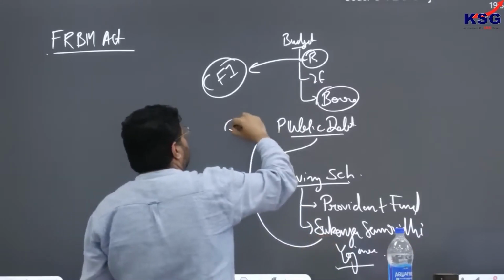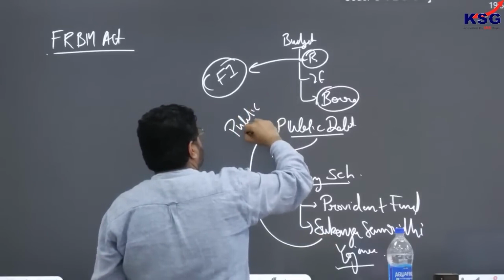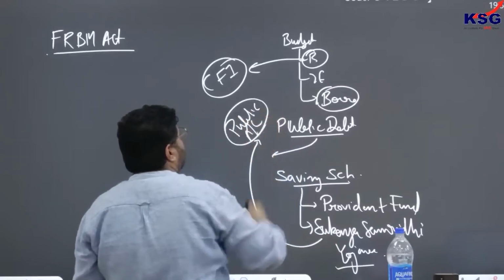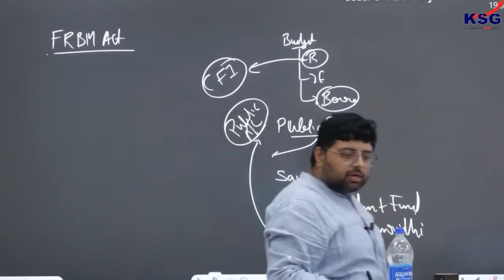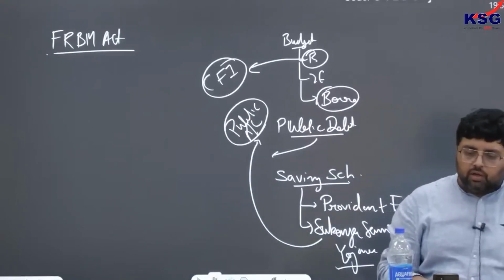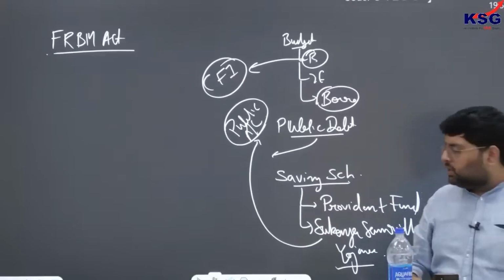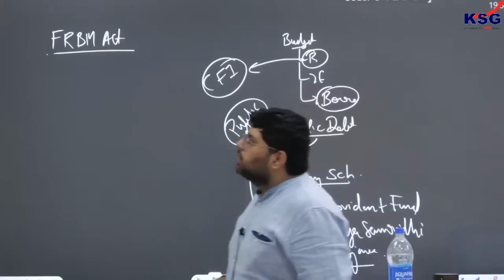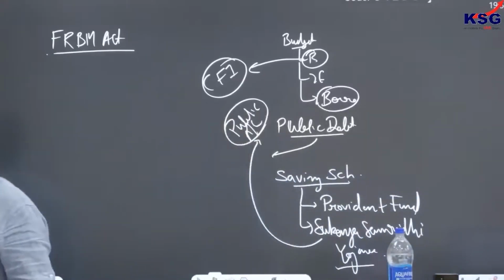That money becomes a part of the public account. So that money is not a part of the Consolidated Fund of India. Similarly, there are other saving schemes like Kisan Vikas Patra.